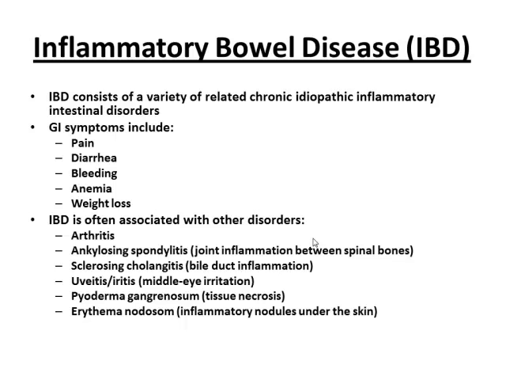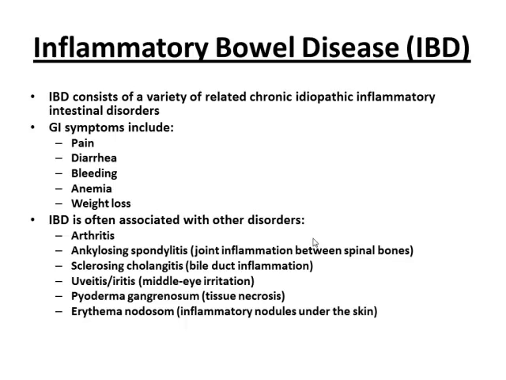Okay. Inflammatory bowel disease is a bunch of related chronic inflammatory intestinal disorders that can cause people a lot of problems. The GI symptoms include pain, diarrhea, bleeding, anemia, weight loss, all kinds of things.